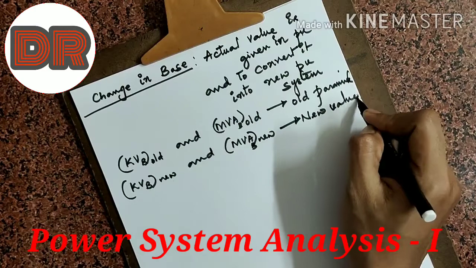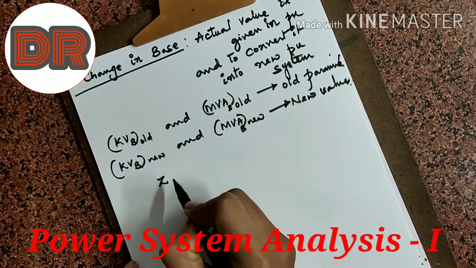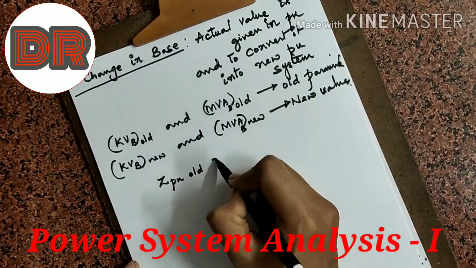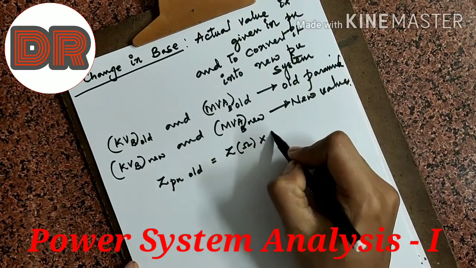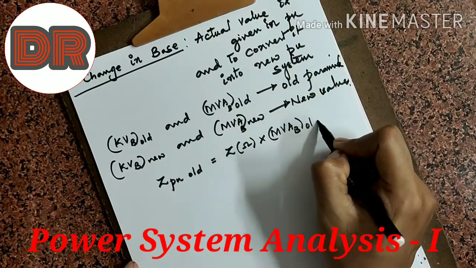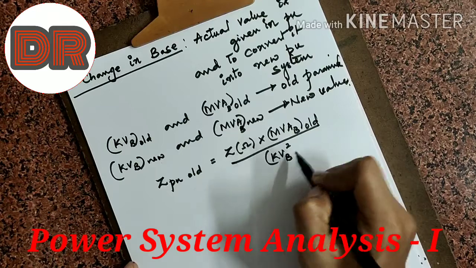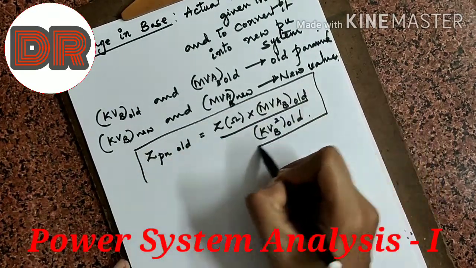According to our previous topic, we have seen that Z per unit old can be calculated as Z ohm into MVA base old divided by kV base old square, since I am using old parameters. Let it be equation 1.